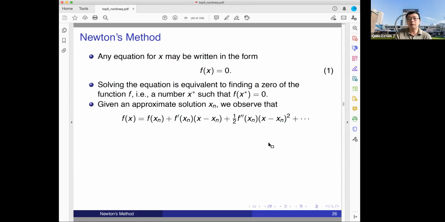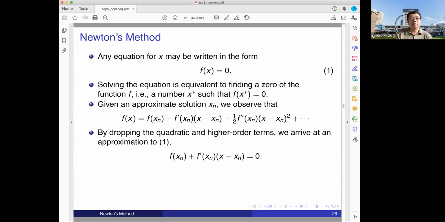This is another view of the Newton method. If you look at the Taylor expansion of the function f around the point xn, and ignore the higher order terms, then you just have f of xn plus f prime xn times x minus xn equals 0, assuming that f of x equals 0.